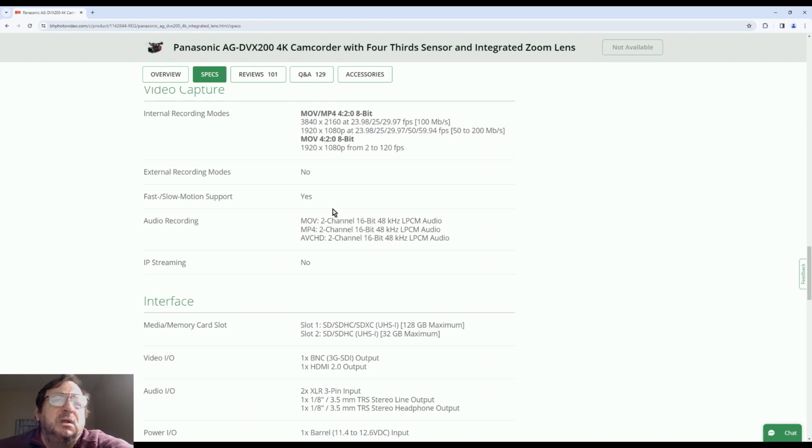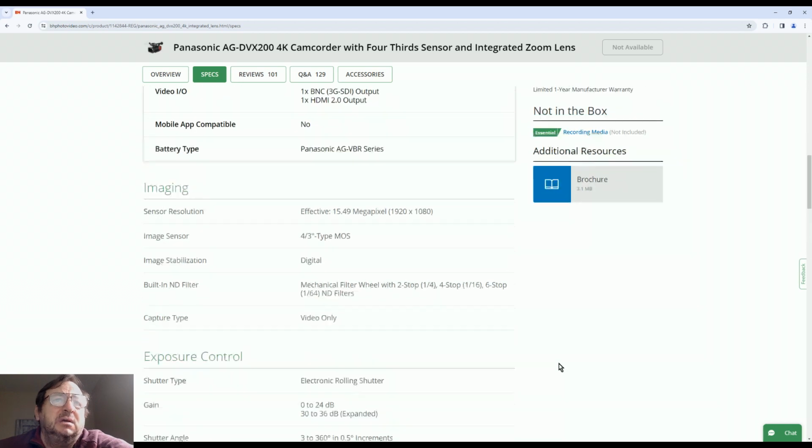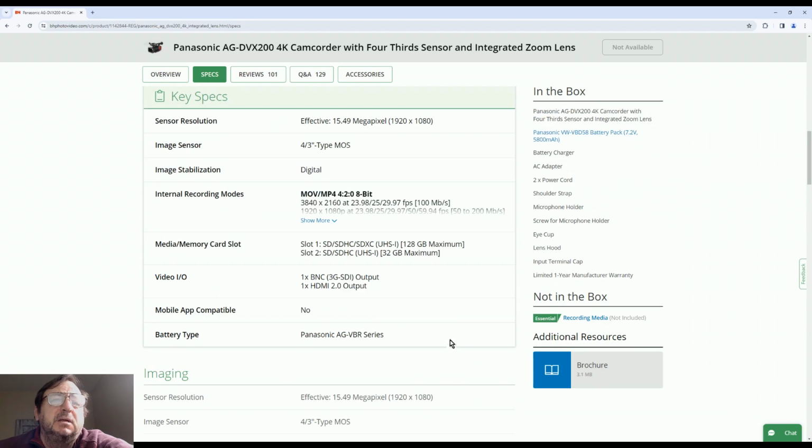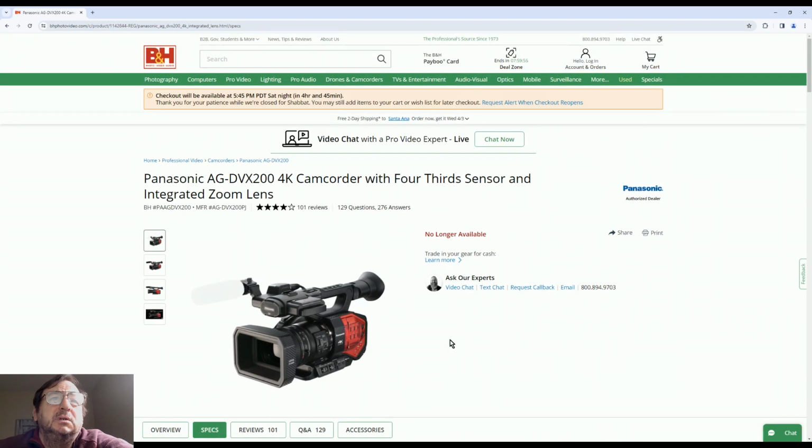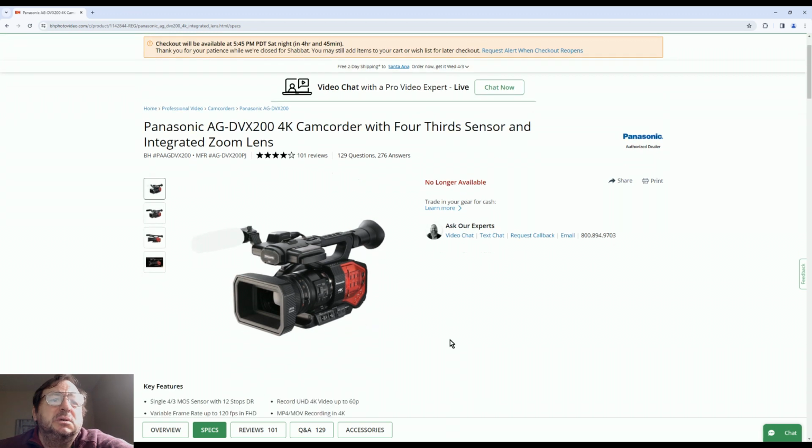For audio, 16 or 24 would be a normal range. Today, like I showed you with Fujifilm, you can have 24 on many cameras.